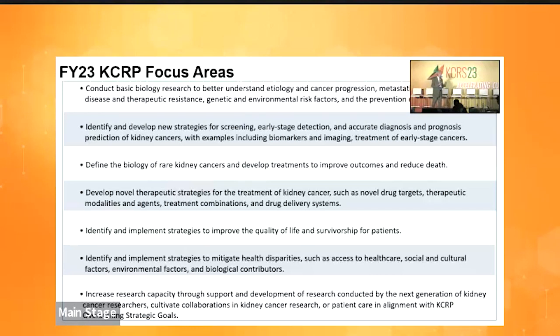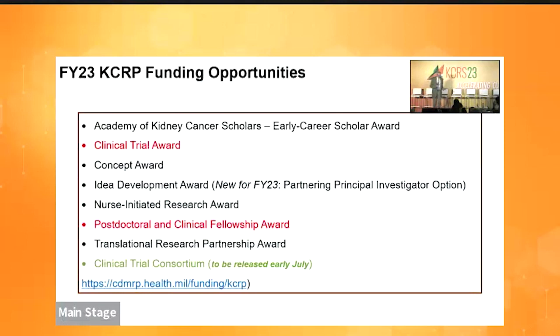Again, an important area where the CDMRP places an emphasis, but a lot of other major funding agencies don't. Increase research capability through support and development of research conducted by the next generation of cancer researchers. Again, this is trying to grow the field by bringing new individuals and also new technologies, individuals that work in other fields that practice a technology that's not being used in kidney cancer research and bring it into kidney cancer research.